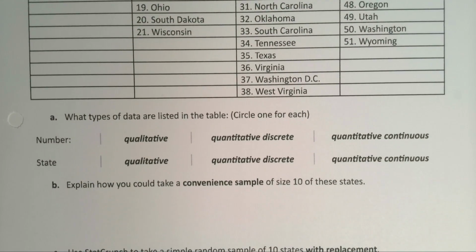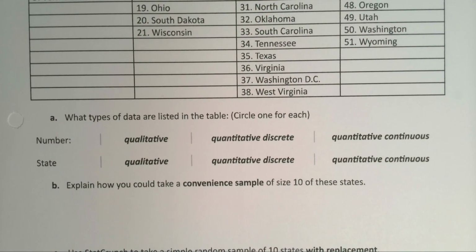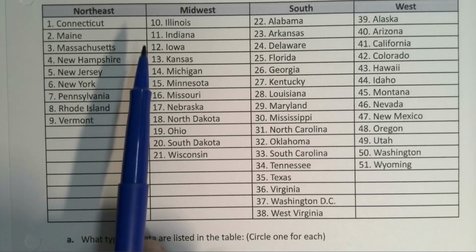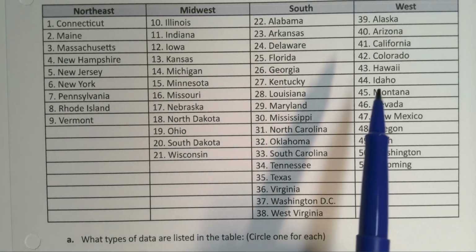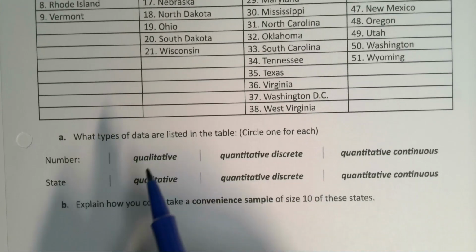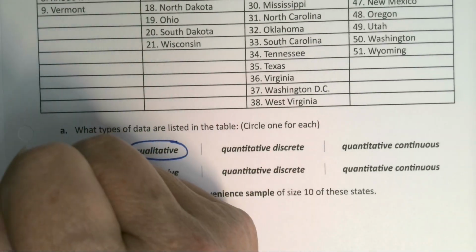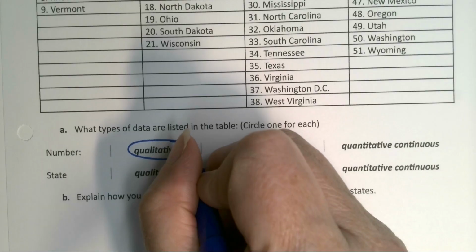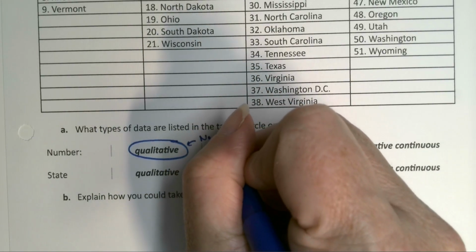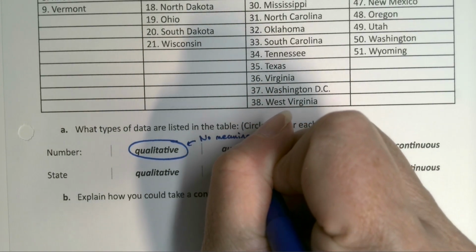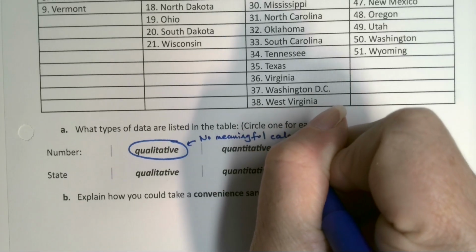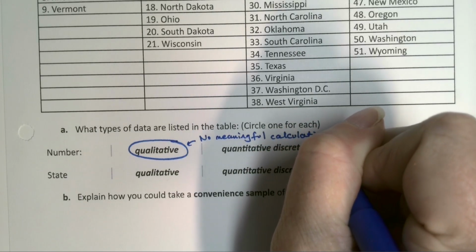So what types of data are listed in the table? Oh, okay. So these numbers are qualitative, if you'll remember, right? They're qualitative because even though they're numbers, there are no meaningful calculations possible.